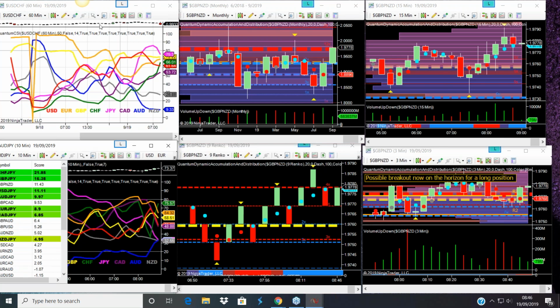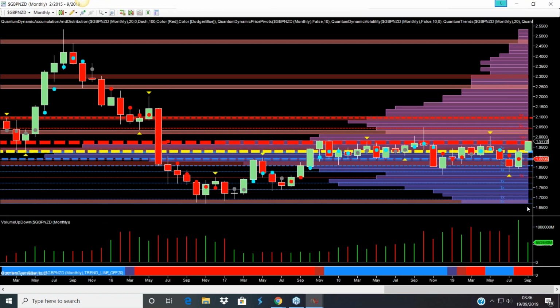So that's right. Now, the other reason I wanted to finish up on this is the monthly chart. Let's go back to the pound New Zealand, because the indicators for NinjaTrader, because of the way the data is delivered, have allowed us to develop, I would say, more sophisticated tools. It allows us to leverage the data available on the platform, because ultimately a platform is only as good as you can make it work for you, depending on the data being delivered.